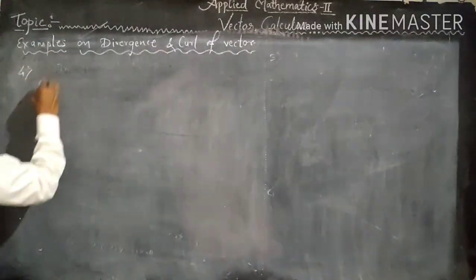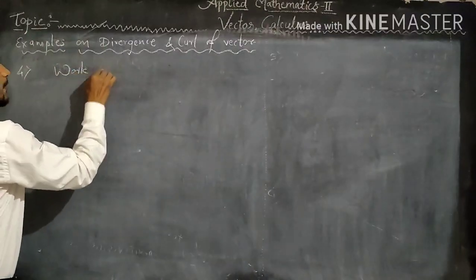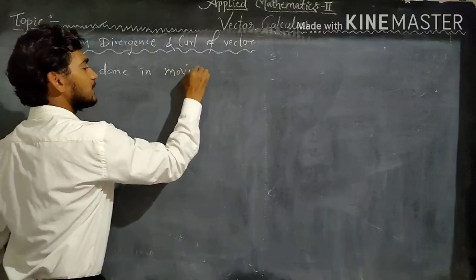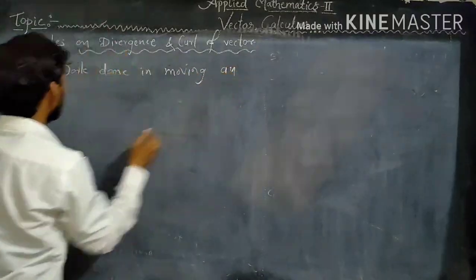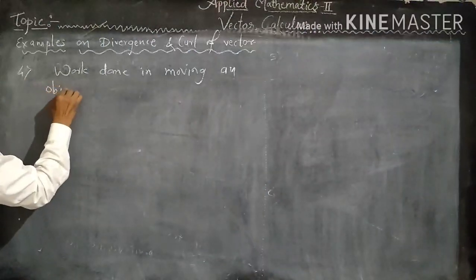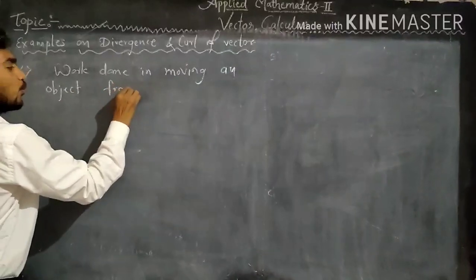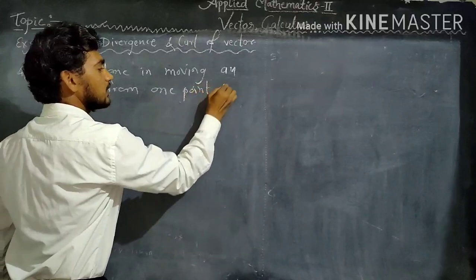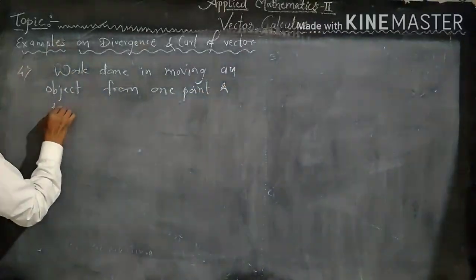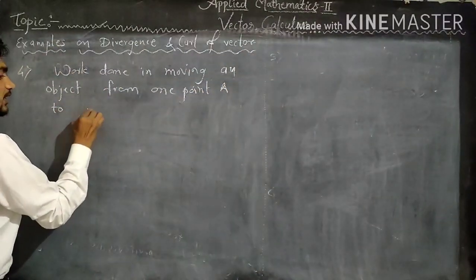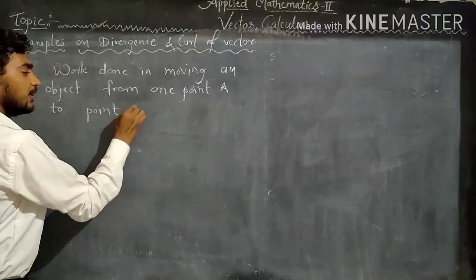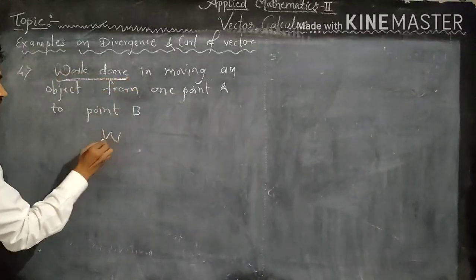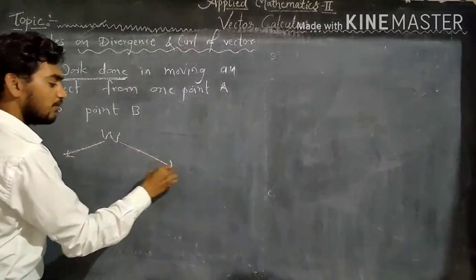Fourth important point, work done in moving an object from one point, say point A, to second point, say point B. So in order to find the work done, it depends on the field.